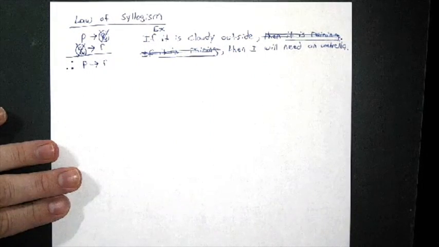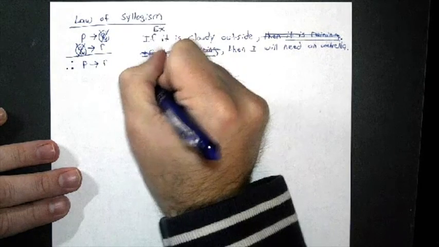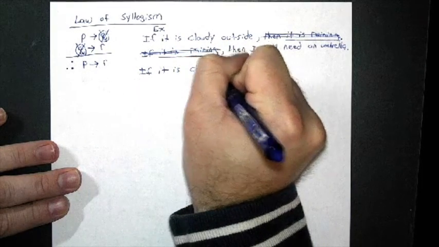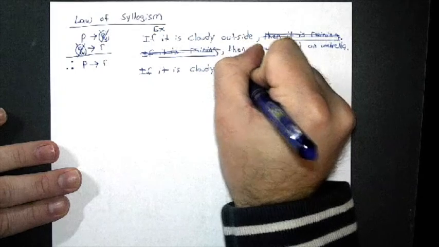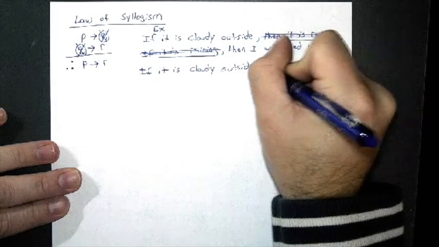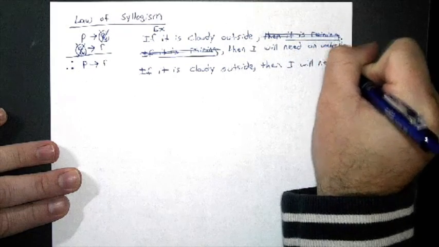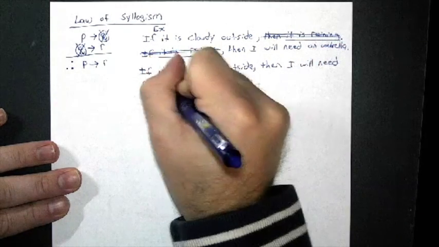And our conclusion will be whatever is not marked out. So if it is cloudy outside, then I will need an umbrella.